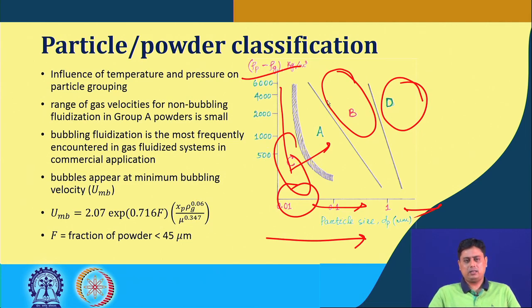If you can alter the surface properties of these materials, the surface forces and the cohesive nature become less dominant, the inertia of these particles becomes prominent, and then the particles can be fluidized. The influence of temperature and pressure on particle agglomeration and grouping has tremendous influence.